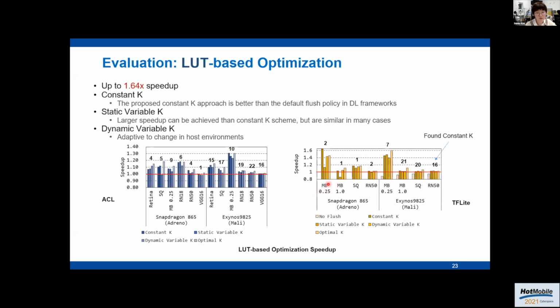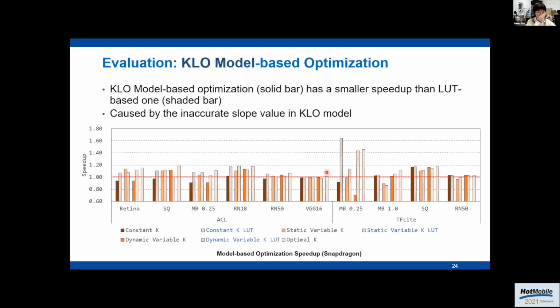Static variable k scheme has the possibility to achieve a larger speedup than the constant k scheme, but it is no larger than we expected, and quite similar in many cases. Dynamic variable k in this graph is not particularly better than the other schemes because there are not many dynamics in the experiment conditions.